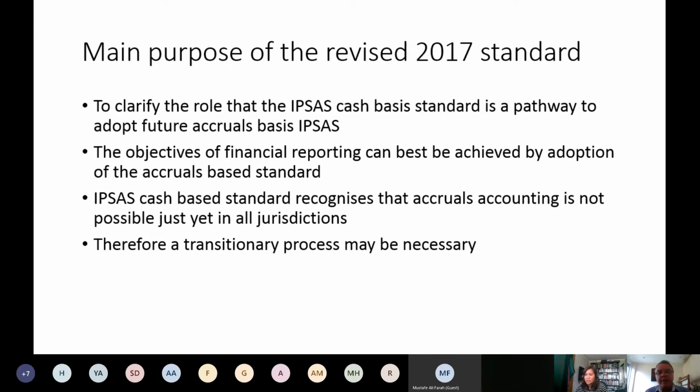Okay, so therefore, as they've called it, a transitionary process may be necessary. And this is what many, many countries have adopted, a kind of piecemeal approach to moving from cash to the actual accruals. So it's a slow process, but eventually people are getting there over a few years.